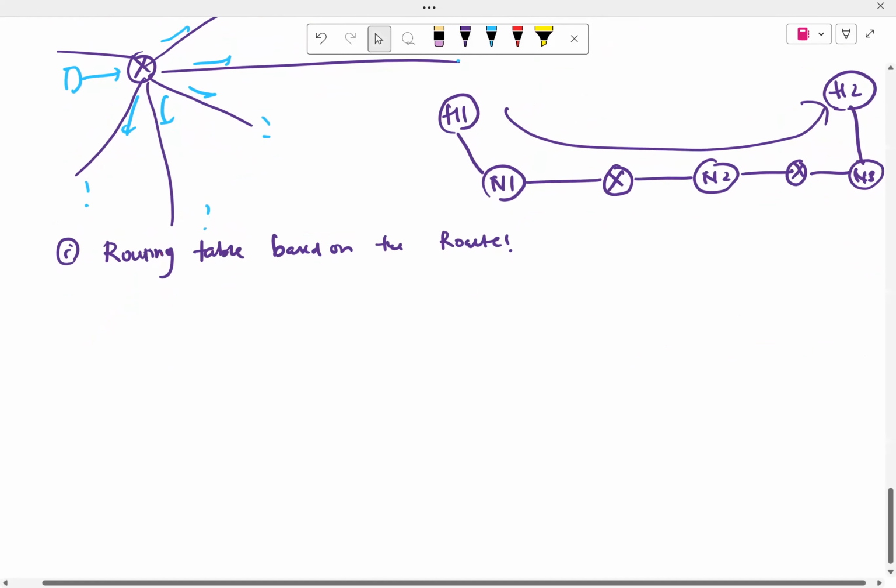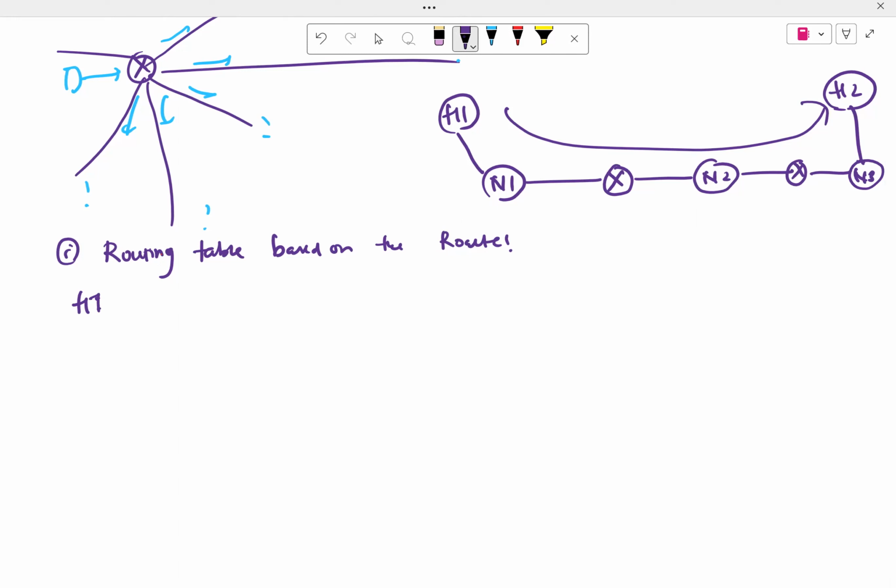We'll start with H1. The routing table at H1 would have destination and then route. Destination is host 2, route is router 1, router 2, host 2.